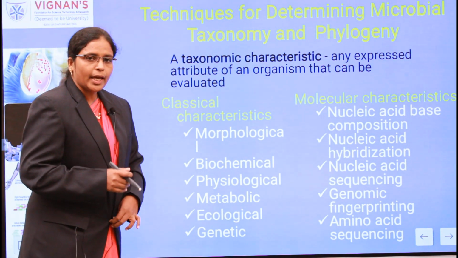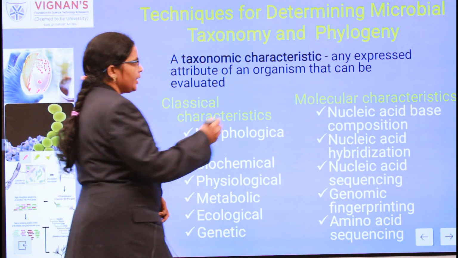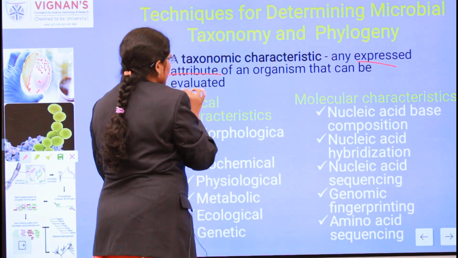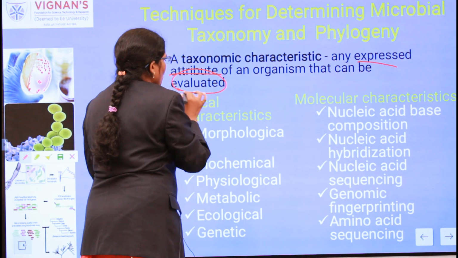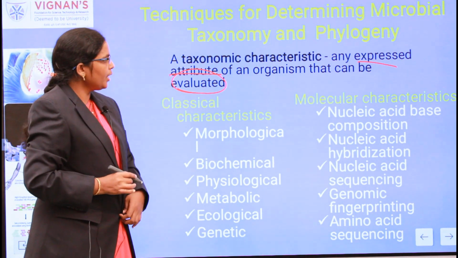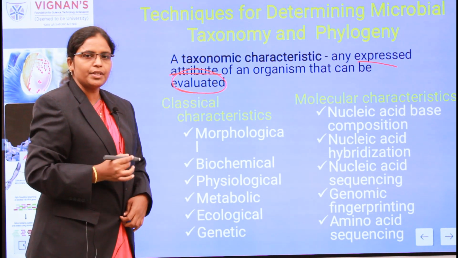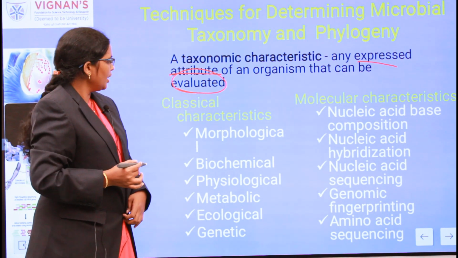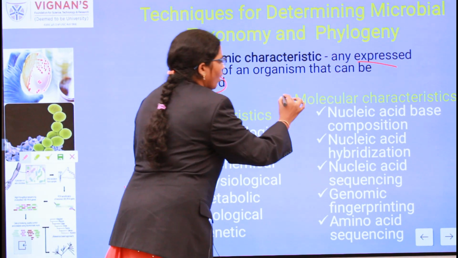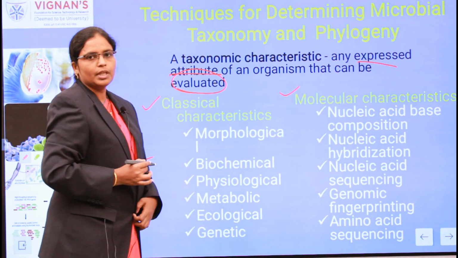It is an expressed attribute of an organism. It is going to be evaluated. Okay, so here what are those characteristic features? If you see here, there are classical characteristic features and molecular characteristic features.